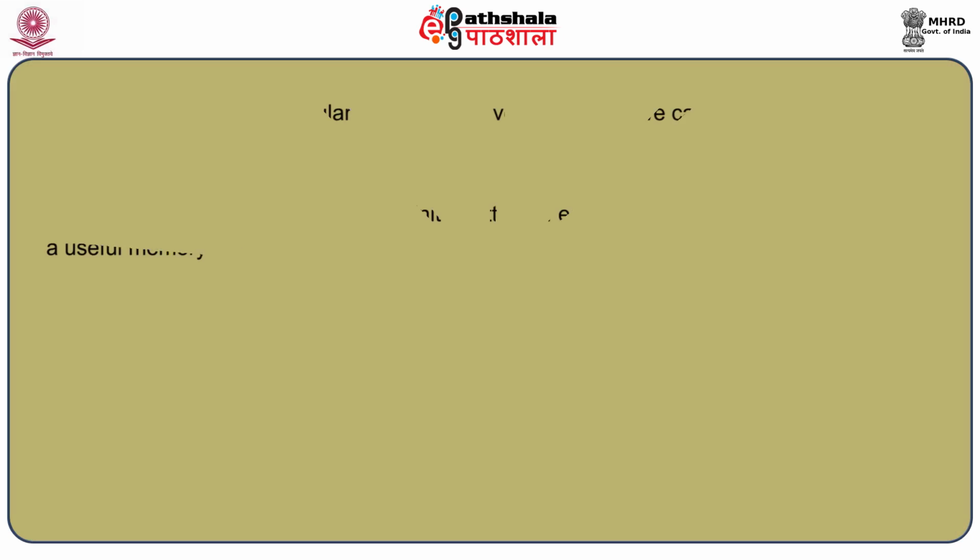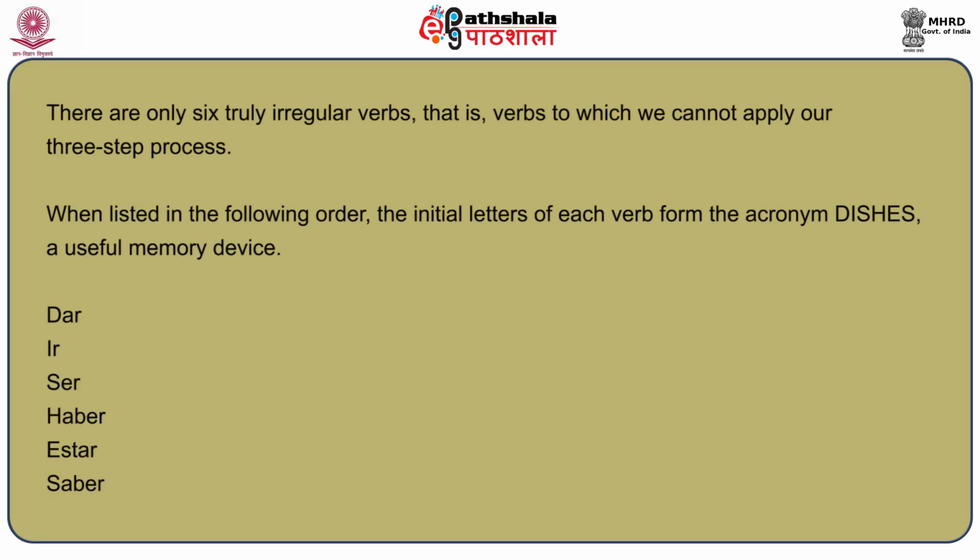When listed in the following order, the initial letters of each verb form the acronym DISHES, a useful memory device. Dar, ir, ser, haber, estar, saber.